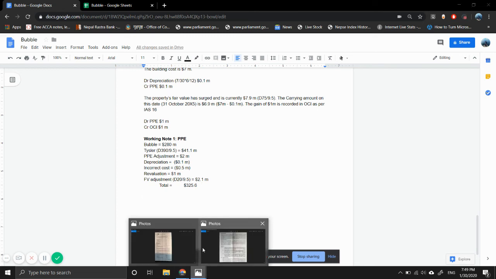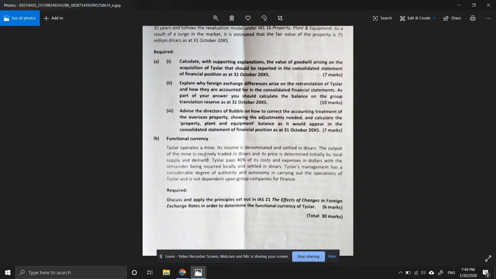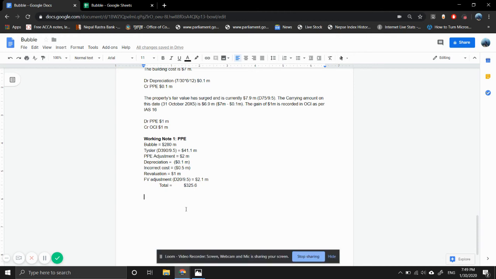The next question. So foreign currency, right? So Tislar operates a mine. Its income is denominated and settled in dinars. The output of the mine is routinely traded in dinars and the price is determined locally. So first of all, what I'll do is explain everything.